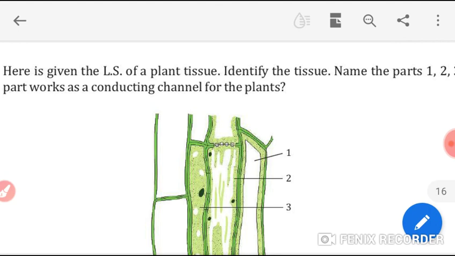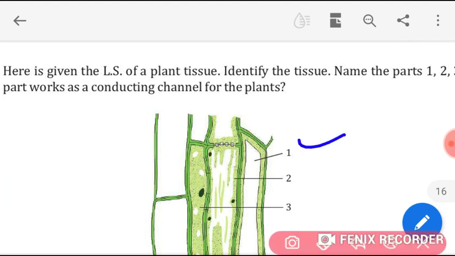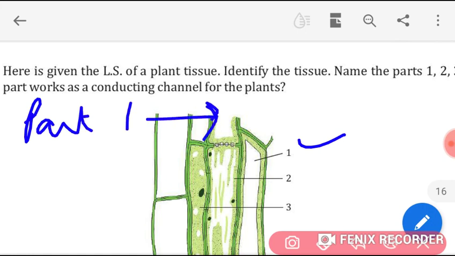Number 1 part is given here. So you have to write part 1. What is that? Phloem parenchyma cell. Then next write, students, sieve tube.